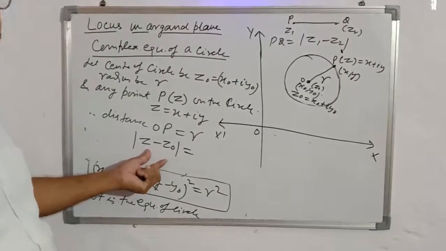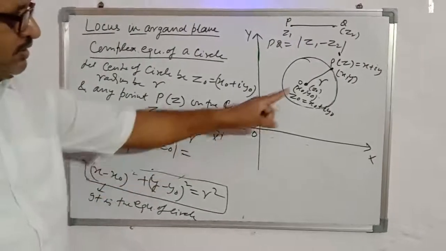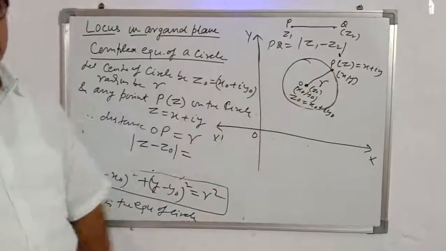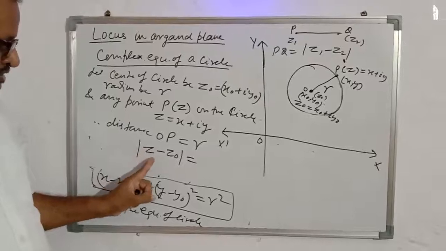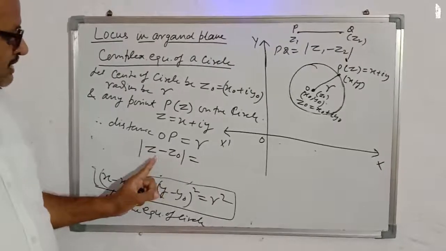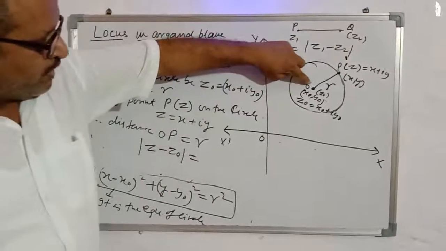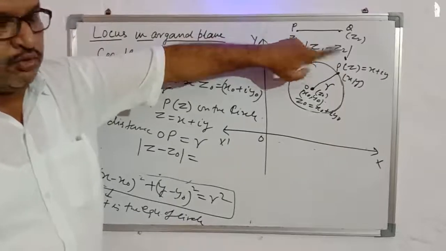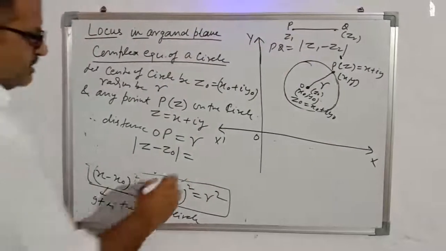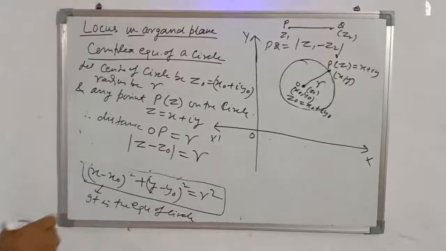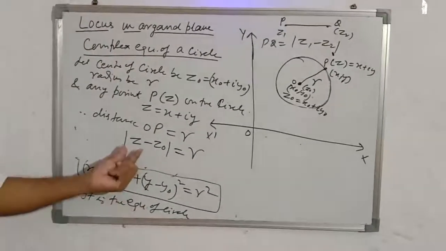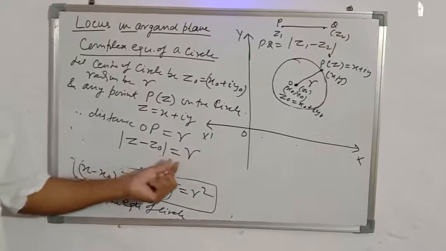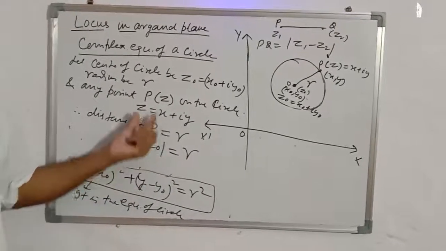Modulus of Z minus Z0 represents the distance between the two points Z and Z0. Again, listen: modulus of Z minus Z0 represents the distance between the two points Z and Z0, that is OP. So modulus of Z minus Z0 is equal to R. This is the complex equation of a circle. This mod of Z minus Z0 represents the equation of a circle.